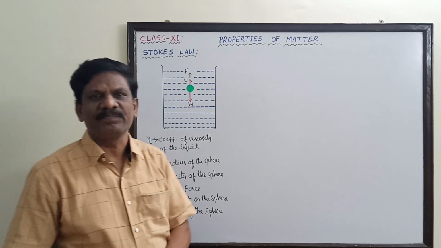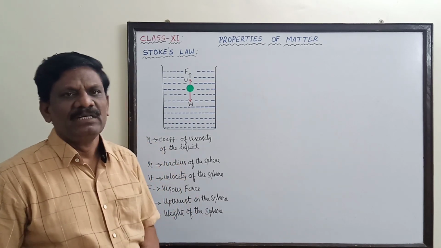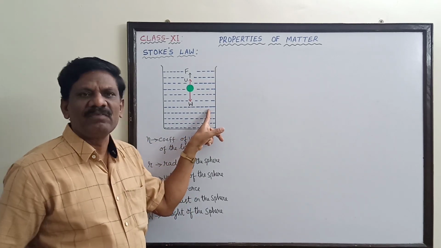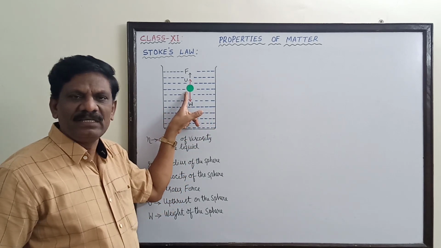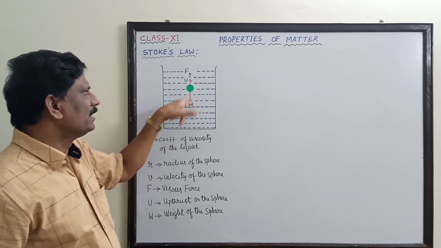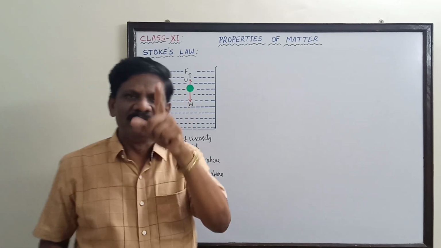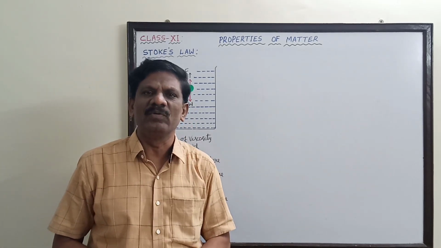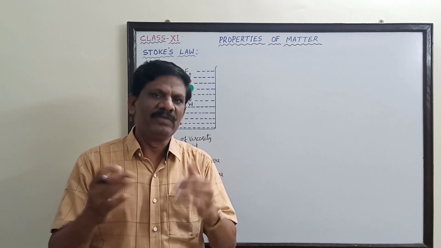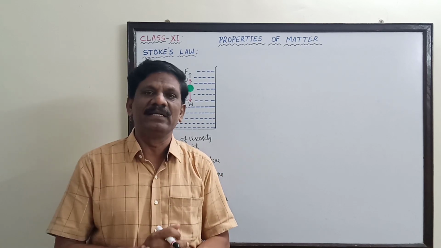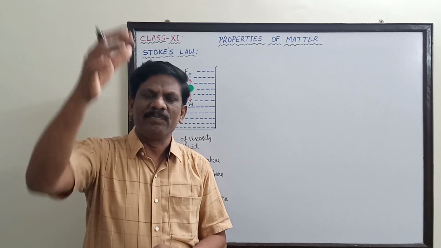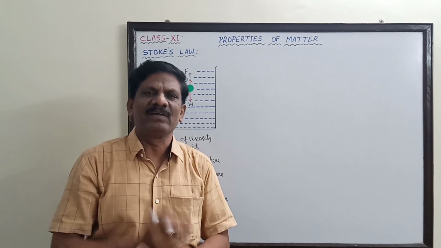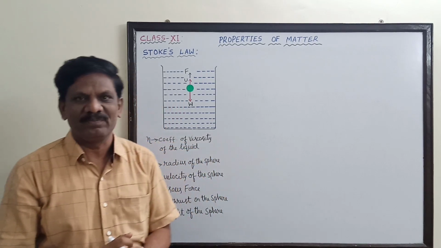on the sphere in terms of the coefficient of viscosity of the liquid, the radius of the sphere, and the velocity with which the sphere is descending in the downward direction. In the previous video, we have already studied what is terminal velocity, is it not? When the sphere is dropped freely, its initial velocity is equal to 0.